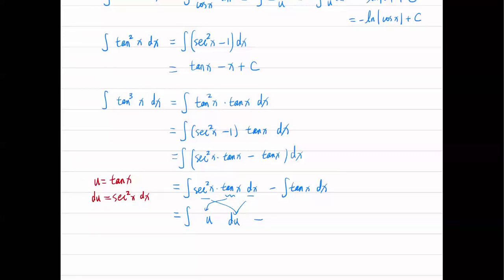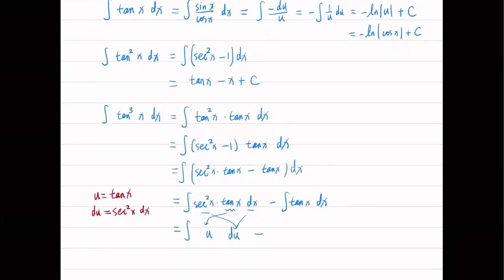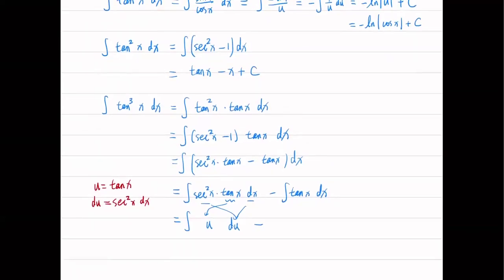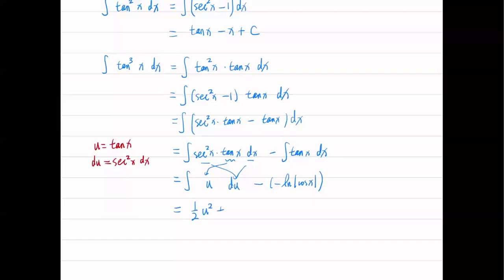And for the second part, we have done it over there. So I'm going to copy the function. Okay, so this integral is easy. 1/2 u squared plus sin x integral constant.